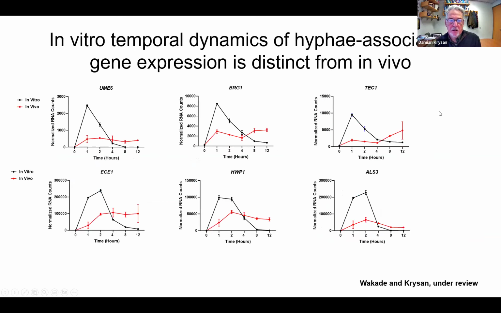So the next thing we looked at is the expression of some of our favorite hypha-associated genes in this time course, both in vitro and in vivo. The in vitro data are shown in black and the in vivo data are shown in red. And as you can see here, in vitro in particular, these genes are expressed at higher absolute levels relative to in vivo, per microliter of sample as we're using here.